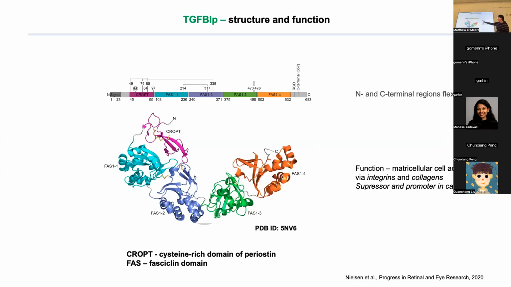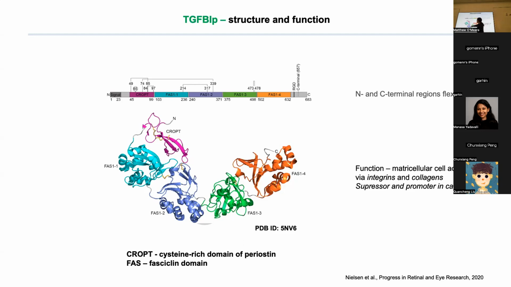So we will be going to talk a lot about structure. For the structural people, the structure of that protein, which is 683 residues in length, has been recently solved. It has this banana shape. Just to let you know, the very C and N termini are very flexible; you cannot see them on the structure.